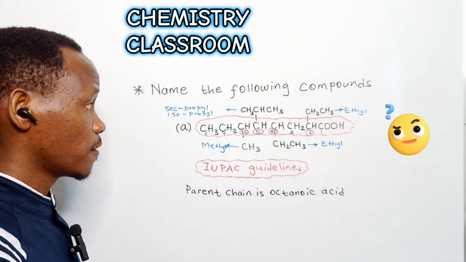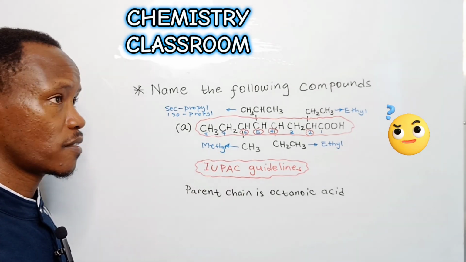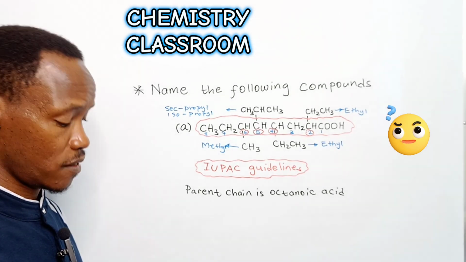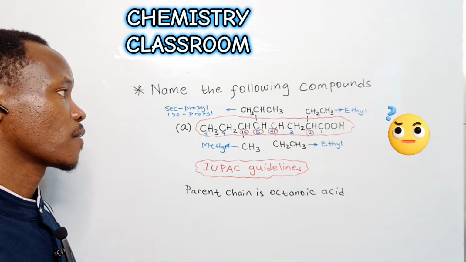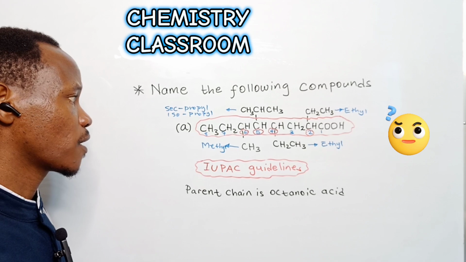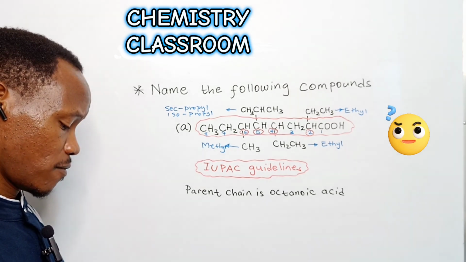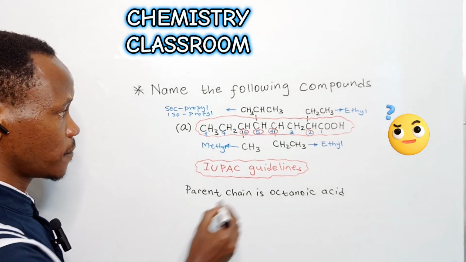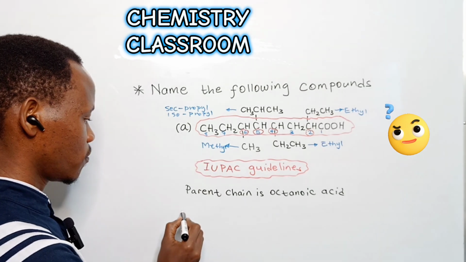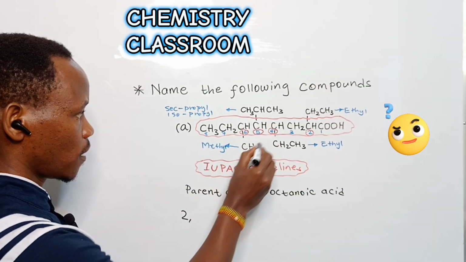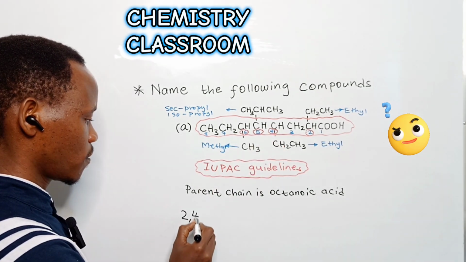After identifying our substituents, we must write the substituents in alphabetical order, and at this step, we can therefore write the name of our compound as on position 2 and position 4.